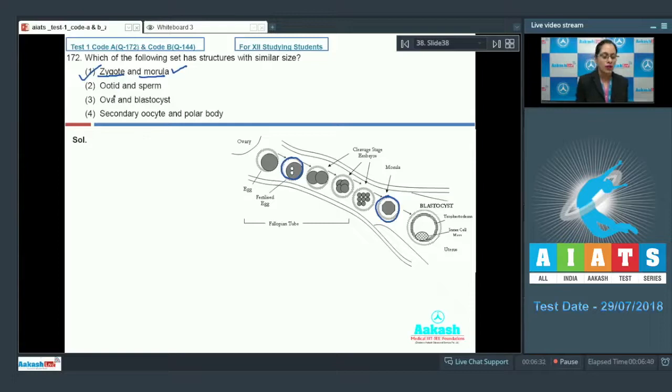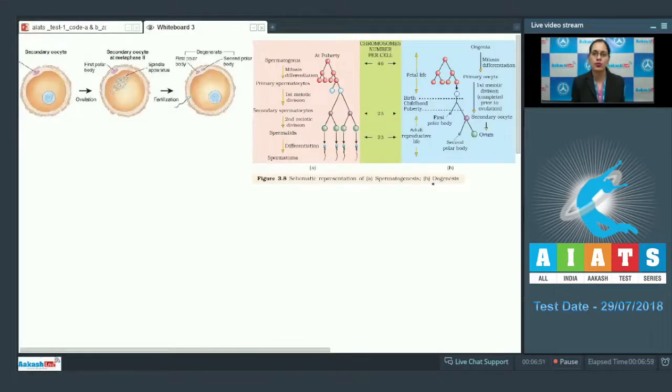Option number 2 is ootid and sperm, and these two gametes vary in the process of their formation. Ootid is formed during the process of oogenesis. Following fertilization, when sperm will enter the cytoplasm of secondary oocyte, it will lead to the completion of meiosis II, and an unequal division of cytoplasm will form a haploid large ovum and a tiny second polar body.